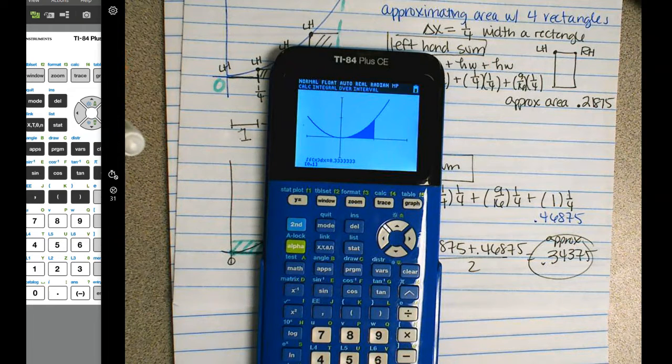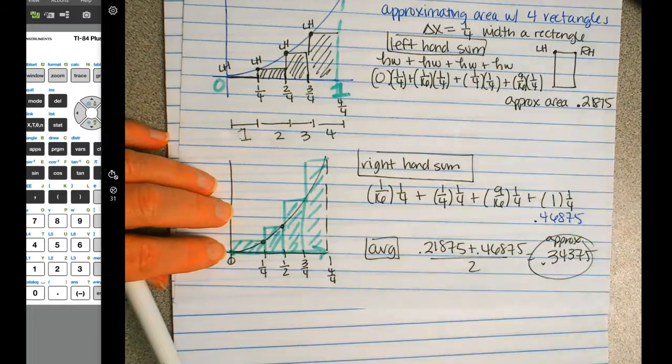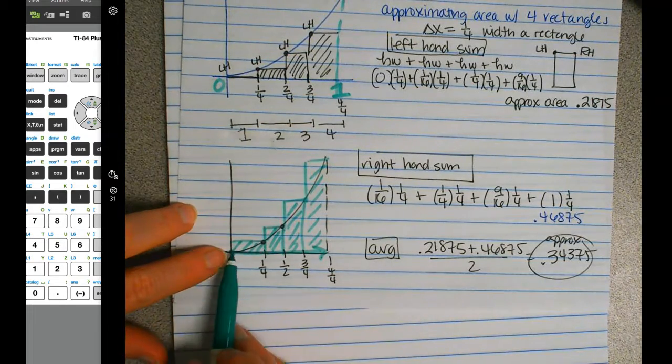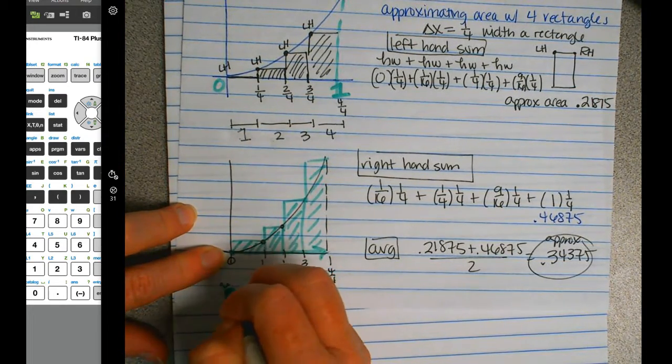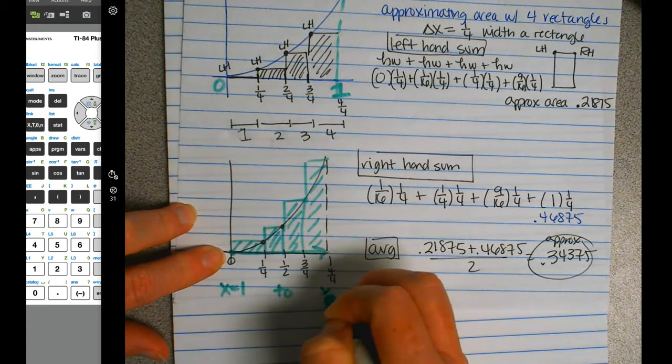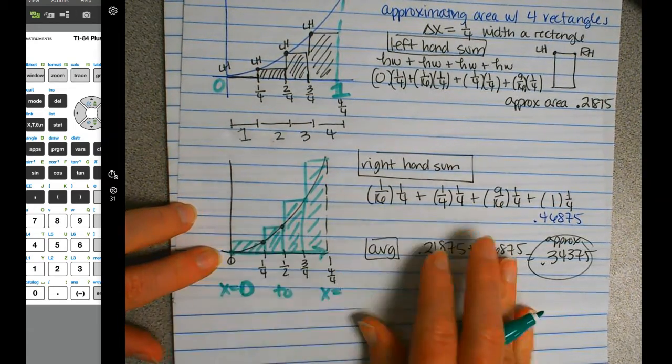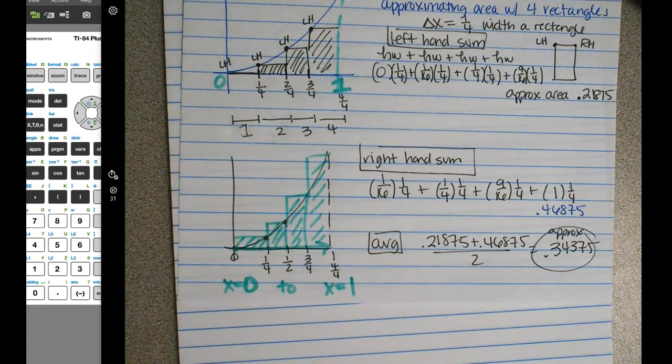It's not y. It's calculating from the x-axis up to the function, from x equals 0 to 1. So it's going to calculate the y values, but it wants to know what your bounds are as far as x in the x direction.